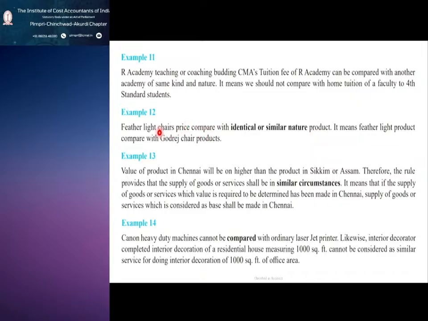If we want to compare the chairs, we have to compare with other companies' products of similar kind and quality only. So above and below are similar types only.